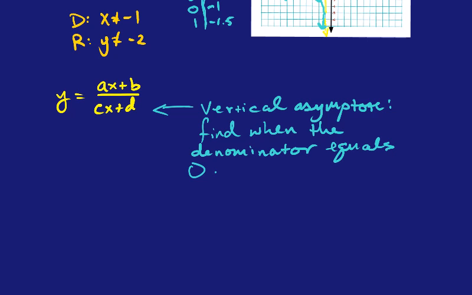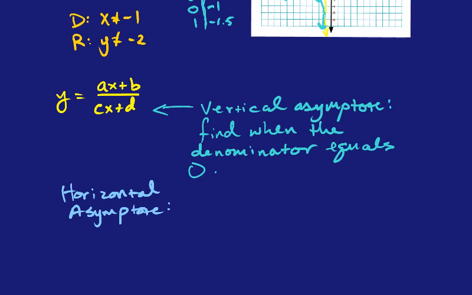Then for the horizontal asymptote, it's actually a rule. I don't have time to explain it in this video, or else it gets a little long, but the way to find the horizontal asymptote is as follows. You are going to do the ratio of the numerator and the denominator coefficients.